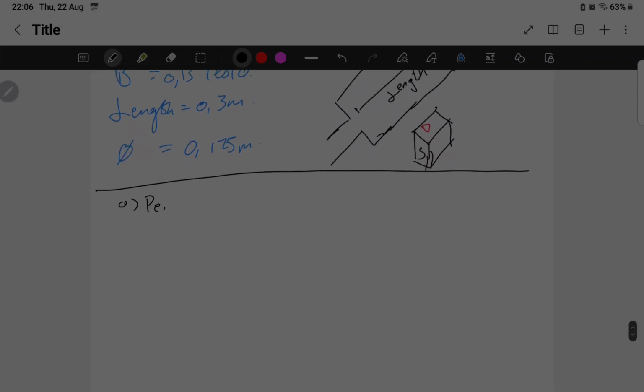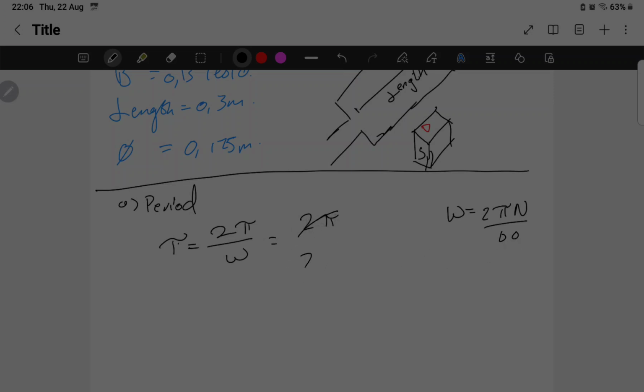calculate the period, right? And to calculate the period, we know that the period is equal to 2 pi over the angular velocity, which is 2 pi n over 60, right?